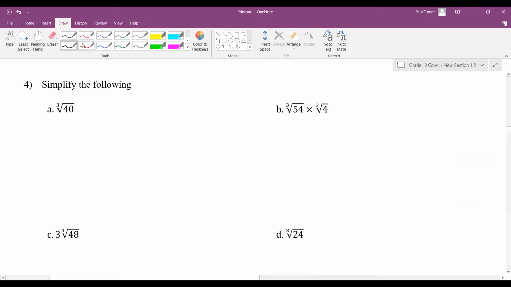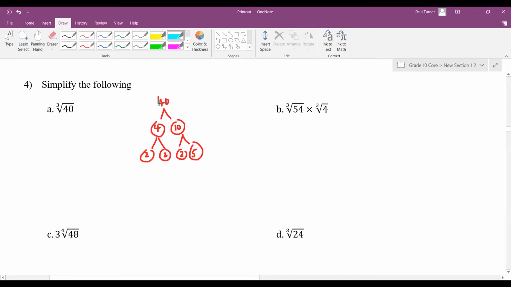So let's try one. So we always try to break down your 40. So first thing to do, break down 40. So 40 is 4 times 10, isn't it? Okay. 4 is 2 times 2. And 10 is 2 times 5.